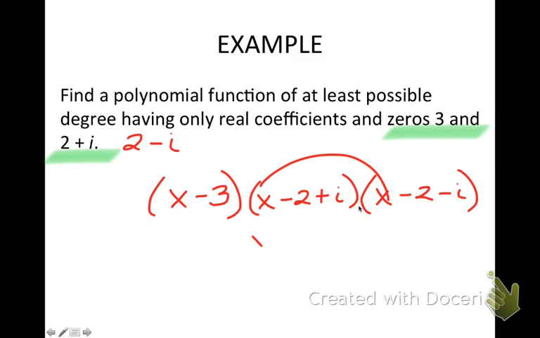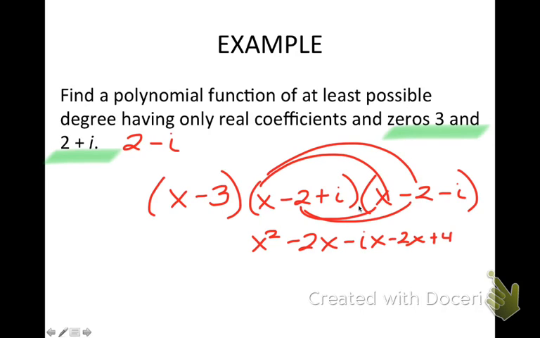x times x, x squared, minus 2x, minus, yep, just ix, right? I'll take the negative 2 to everything. Plus 4, plus 2i. Good, I'm running out of space.